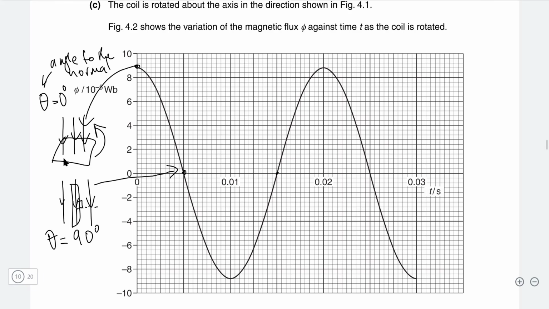First of all, we need to mention that because of Faraday's law, the induced EMF is actually the gradient of this graph. Think about it, the gradient here is 0 because the tangent here is just a flat line. The gradient here is also 0. Let's draw this properly. There's 0 here, and it'll be 0 there. It will be at its steepest in this position right over here, when the line crosses the x-axis.